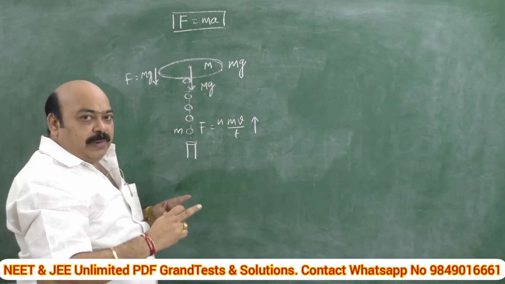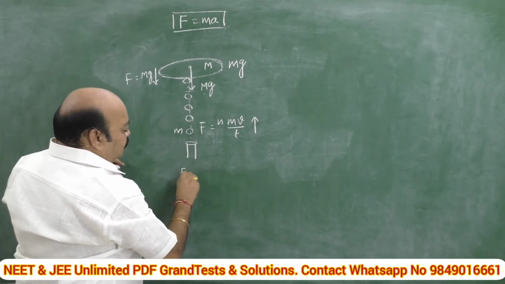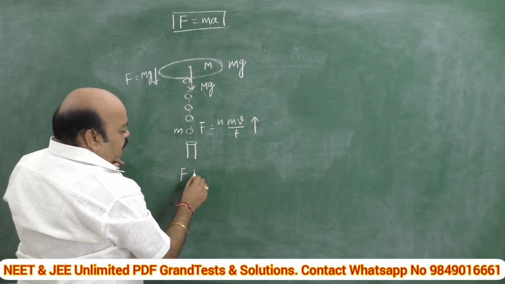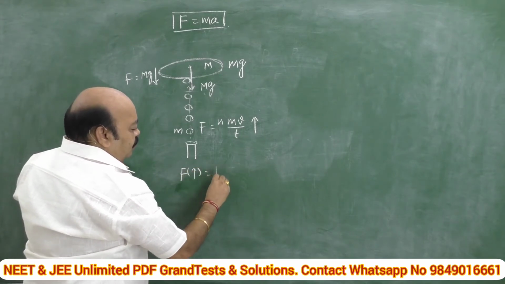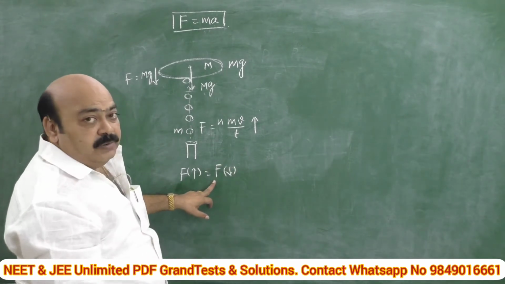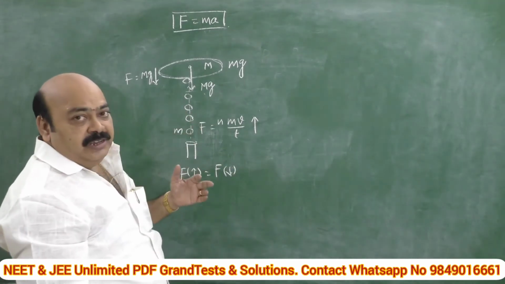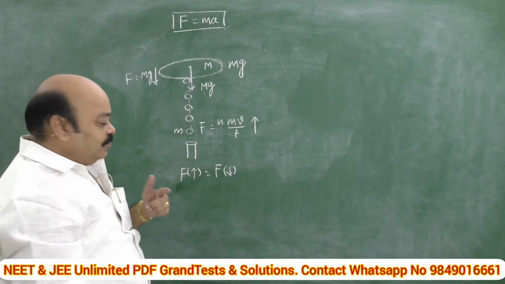These two are equal in magnitude but opposite in direction. That's why the upward force and downward force must be equal. I am not mentioning the negative sign because I am saying it is opposite. If we apply a minus sign and also say opposite, minus of minus becomes plus.